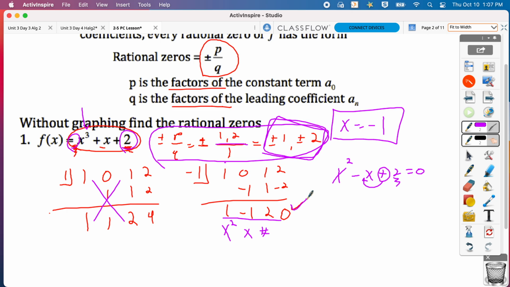So I took my x to the third and changed it to an x squared. I looked at my x squared minus x plus 2, which is left over. It doesn't factor at all. So that means that's my only good answer. If it factored, we would find more good ones. That's our idea for today. So the only new concept, the only thing new we have to worry about, is how to find these possible rational zeros.